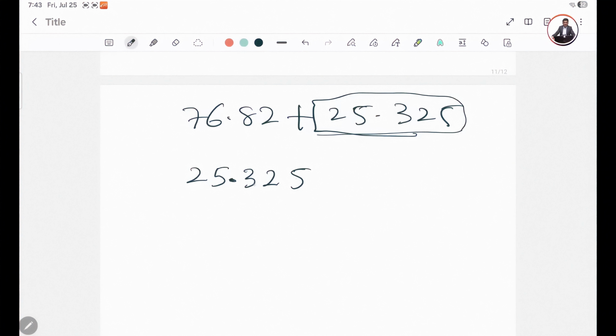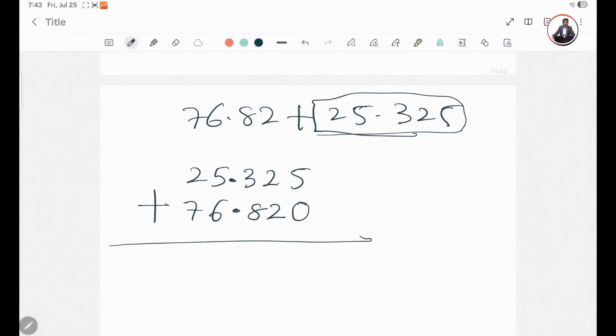So 25 point 3 2 5. So plus 76.82. To make it equal, you can add as many zeros as you want. It doesn't have any value. So keep 0 here to make it equal.